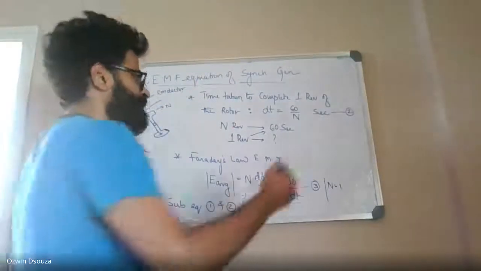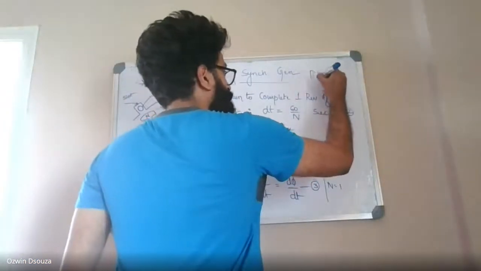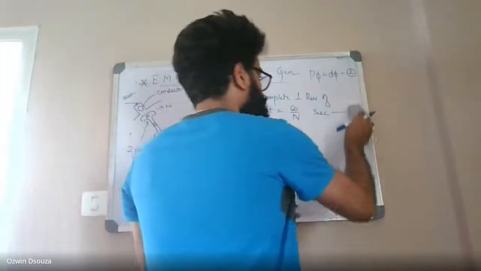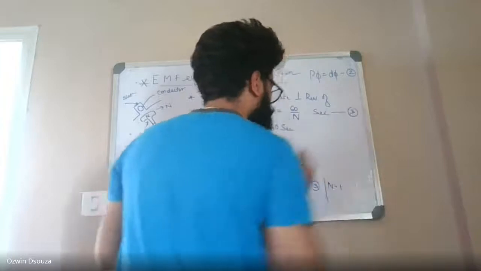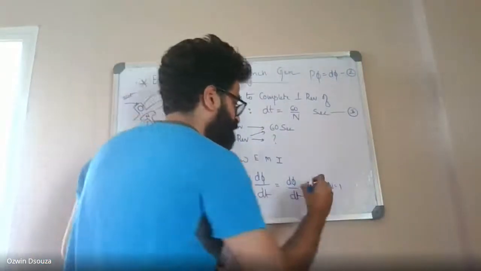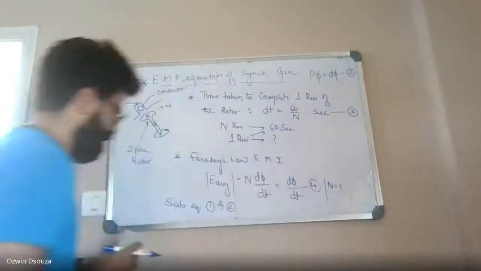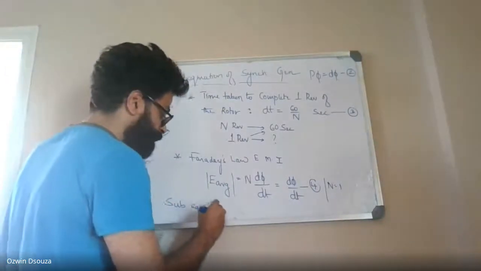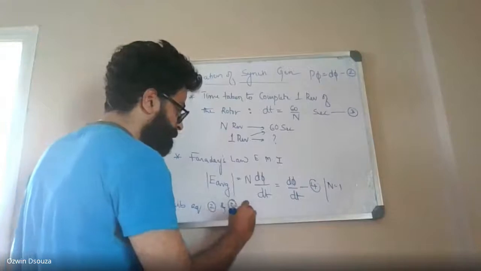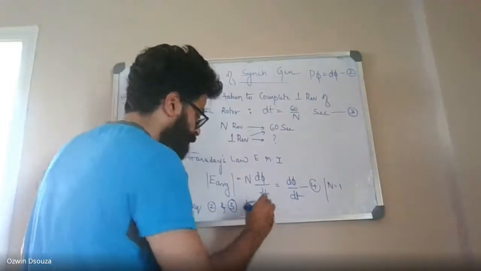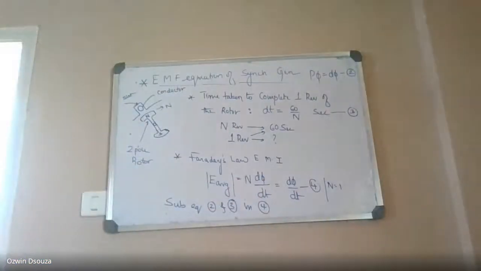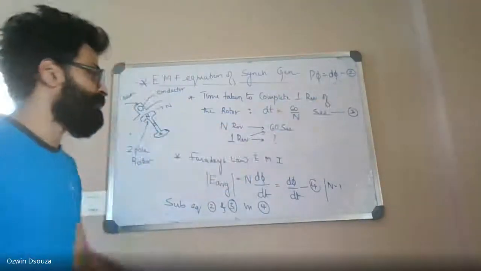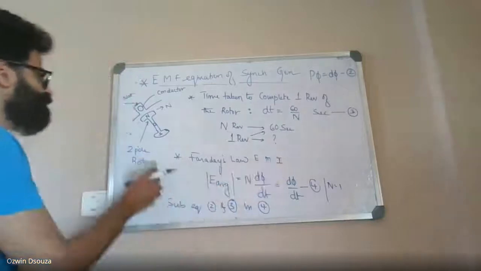Nevertheless, you can take that P phi is equal to d phi as equation 2, and this you can take as equation 3, and this as equation 4. Then you can write: substitute equation 2 and equation 3 in 4. Please make a note of it.